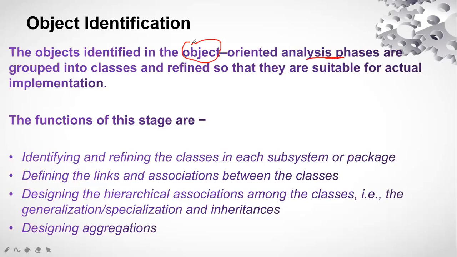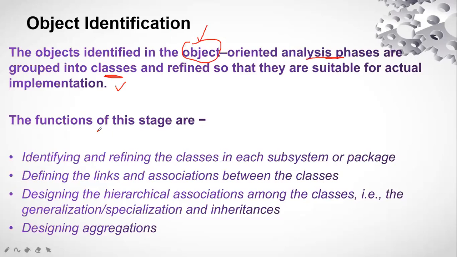What is a class? A class is a collection of related objects. So first we identify the objects, and then we group them into classes. Why are we grouping them into classes? Because we need to work on them for implementation purposes in further use, right?